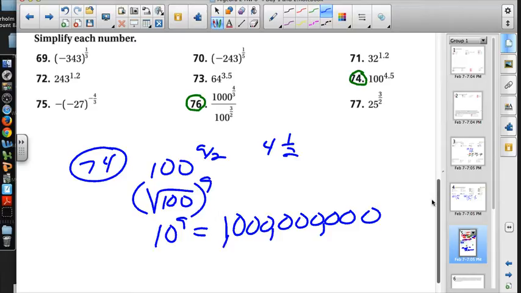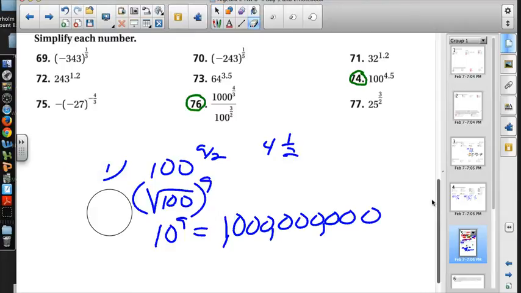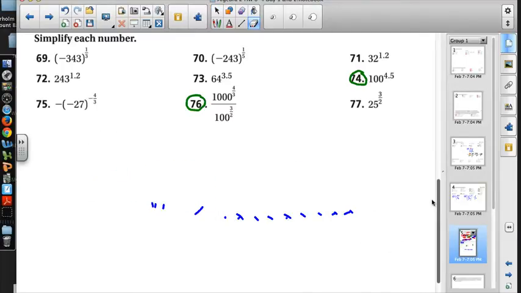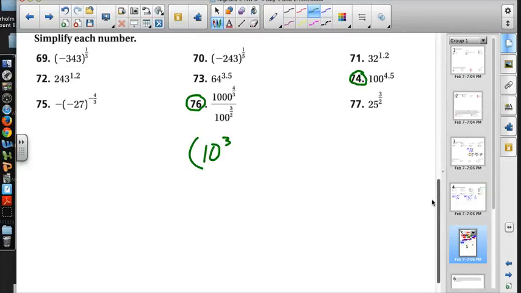And then in 76, again, what I was talking to you about earlier is that the bases are so important. So if we can figure out a way to write 1,000 and 100 with the same base, then we can do this problem, which is good news because 1,000 is 10 to the 3rd, and 100 is 10 squared.